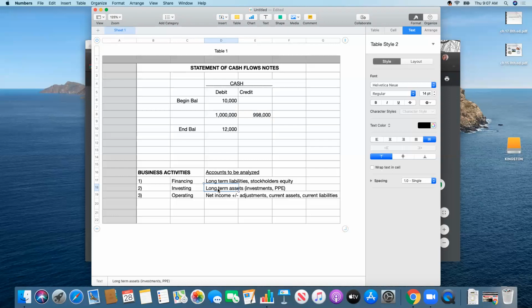Which we'll talk about later. Because depreciation is a factor on the statement of cash flow, definitely. But if these assets decrease, let's say your equipment went from 10,000 down to 8, well, what it means is you probably got rid of something. Maybe you sold it.